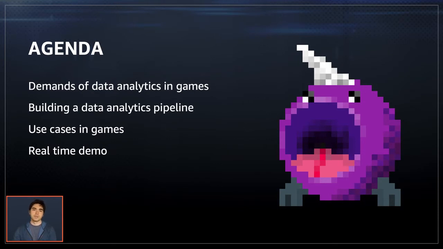And then finally showing off a real-time demo of what one game analytics pipeline that you might build would look like. And on the screen here, you can see this is going to be our mascot and friend today. This is going to be Debbie the Dev, and we'll dig a little bit more into her story later on.